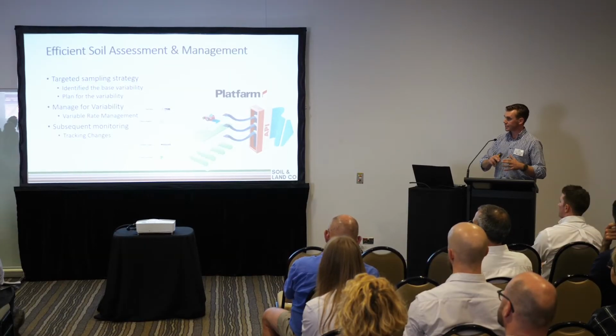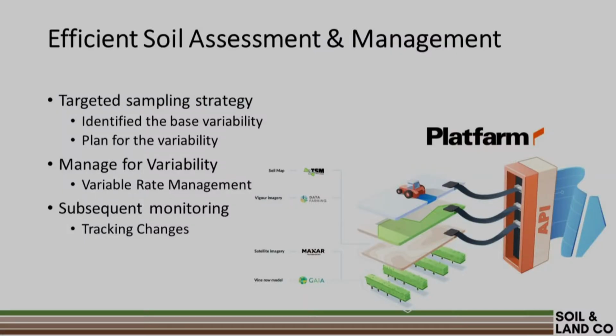So we can have a targeted management strategy, identify the base variability and then plan for that variability, because if you don't have the opportunity to plan for that variability, you're back at square one with your sampling management plan. Once you've got that measurement, you can then implement it.